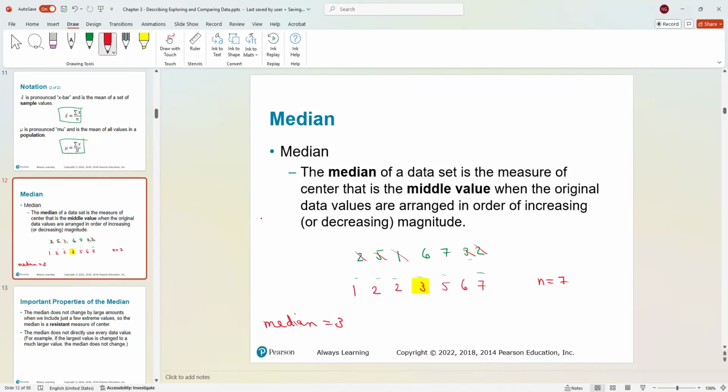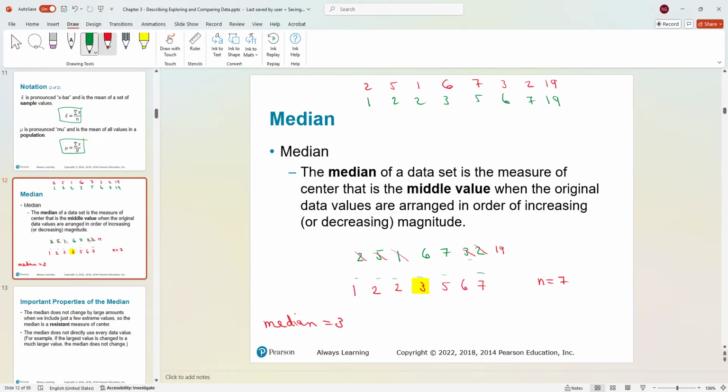But if it was an even number, let's put the 19 in. So we had 2, 5, 1, 6, 7, 3, 2, 19, as we did before. Let's reorder it: 1, 2, 2, 3, 5, 6, 7, 19.